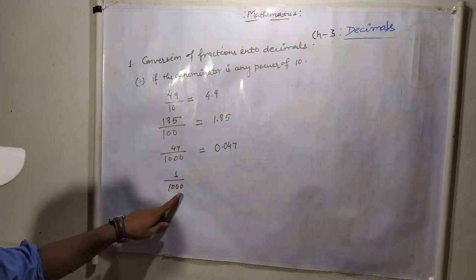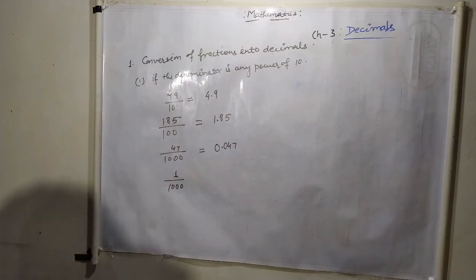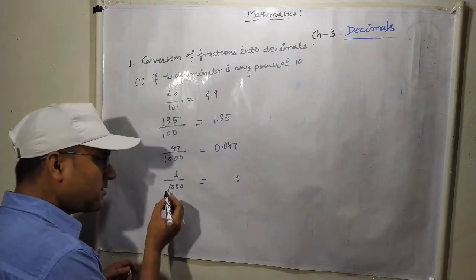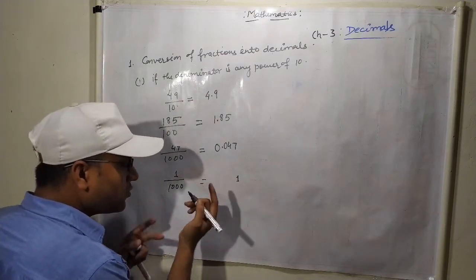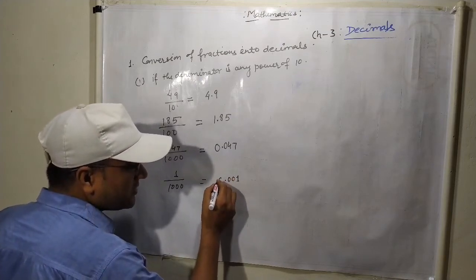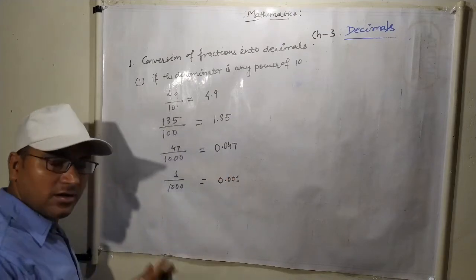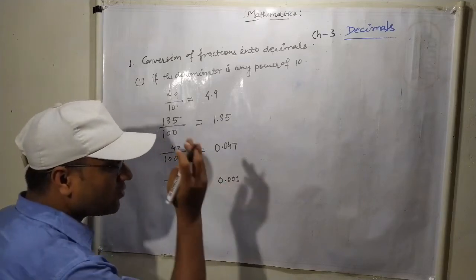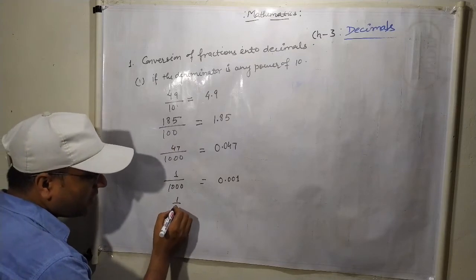Okay students, suppose it is 1 upon 1000. Here are three 0s and here is one digit. How will you convert it into a decimal? Write this one, and then how many digits do you need? 2 more. So 0, 0, and then put the point, and the integral part you will represent with 0. So 0.001. What is the meaning of 1 upon 10?